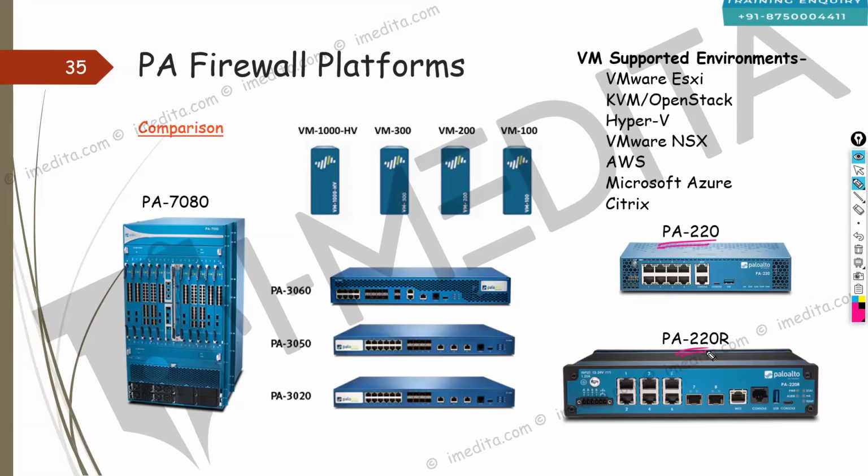Next is the 220-R. Next we have the 3000 series firewall. We have also gone through the architecture of the 4000 series and 5000 series firewalls, and we have the 7000 series firewall. Virtual machines are available from VM-100 to VM-1000. Clear? So you can choose according to your requirement.